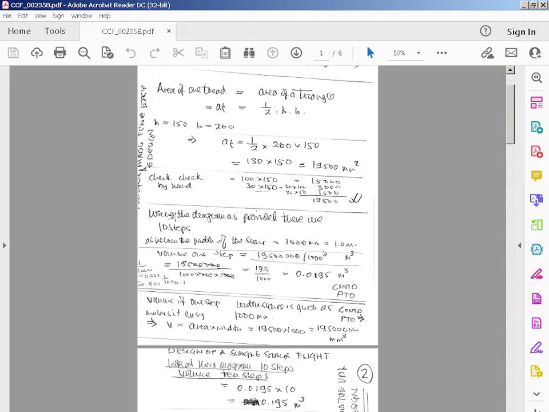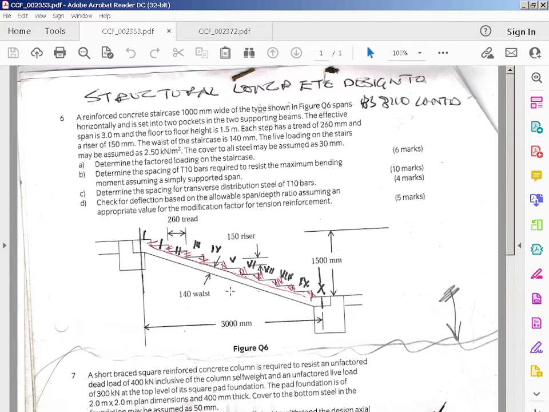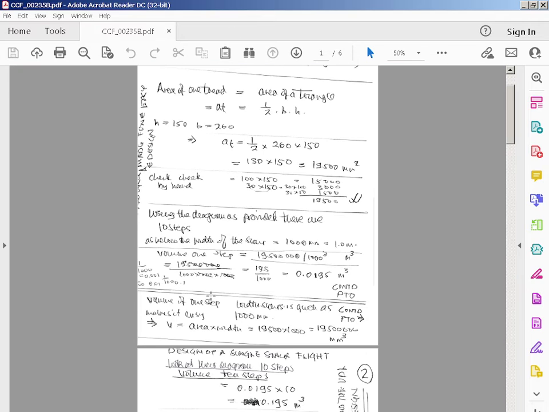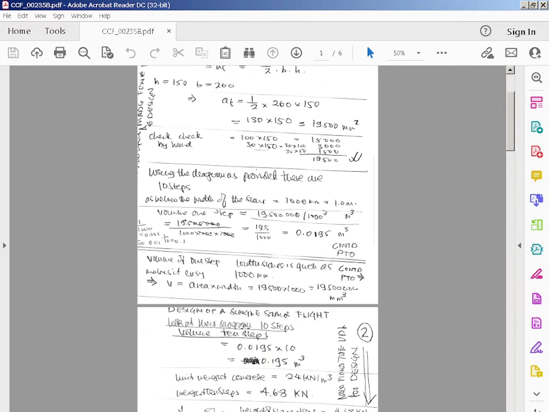Using the diagram as provided, there are 10 steps.